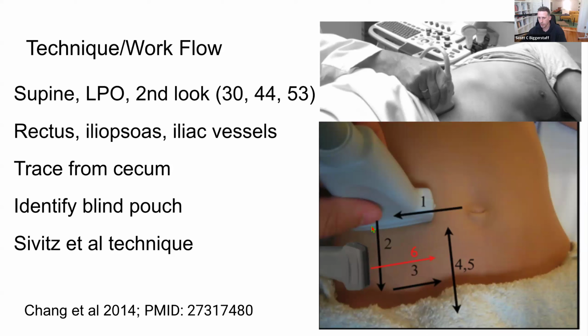This 2 is trying to trace the cecum, and then 3, we're trying to find if the appendix is oriented towards midline. And then once we hit the lateral margin of the bladder, that's this 4 or 5, we start to go back up towards the umbilicus. And then you can change your orientation to a longitudinal one over here and try to comb this area.